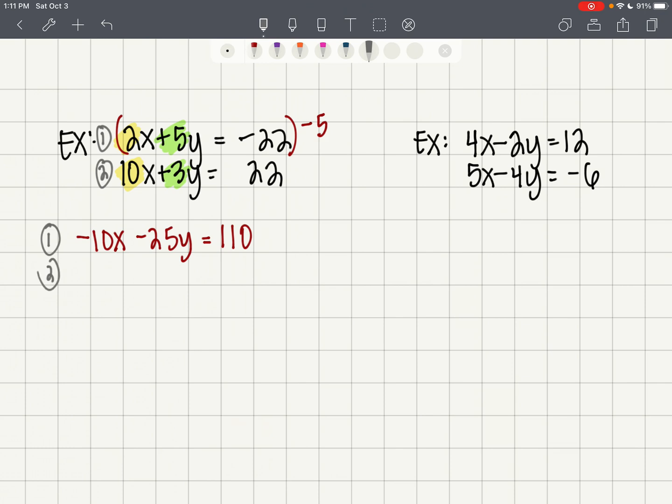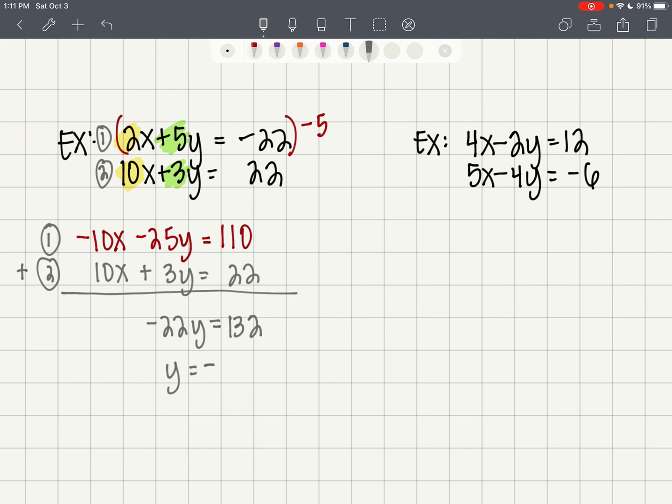The second equation would remain the same, 10x plus 3y equals 22. And now if I add the two equations together, the x's are eliminated. I have negative 22y equals 132. 22 goes into 132 6 times, so that would be negative 6.